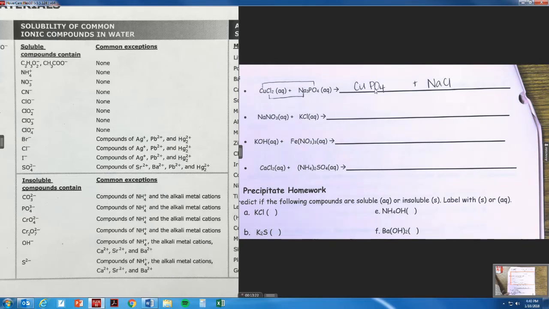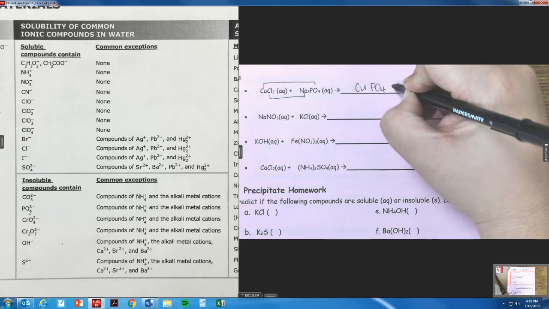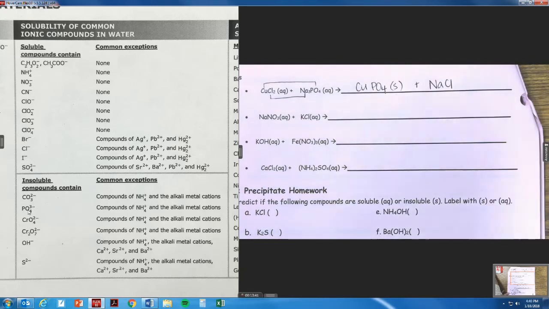For copper phosphate, remember we're looking at our anion, or our negative ion. PO4 is right here, and it would be insoluble because copper is not an exception. So this would be insoluble, so it would be a solid.